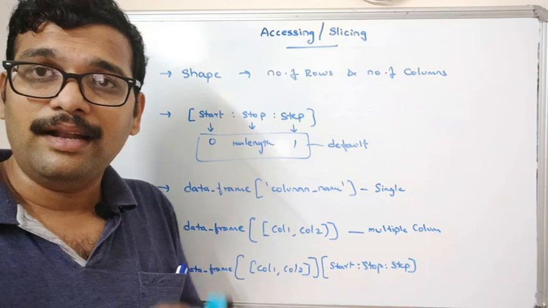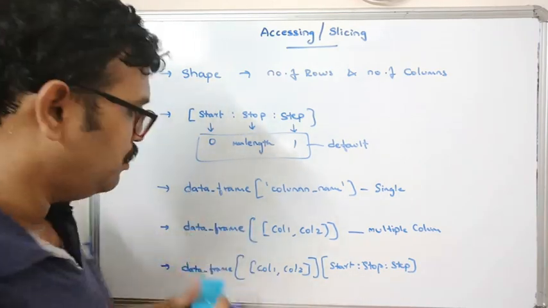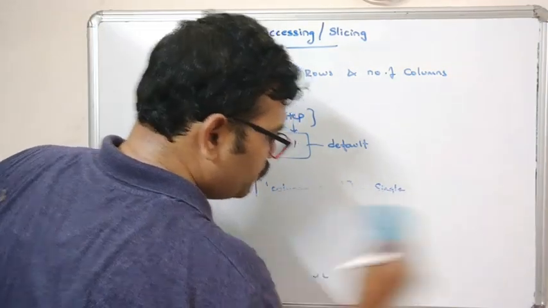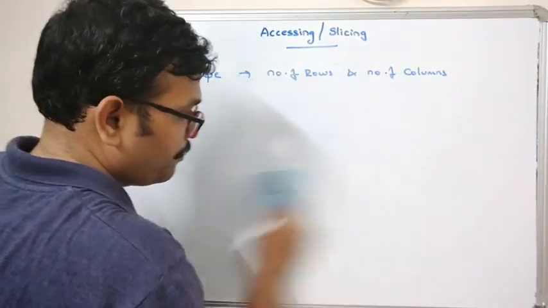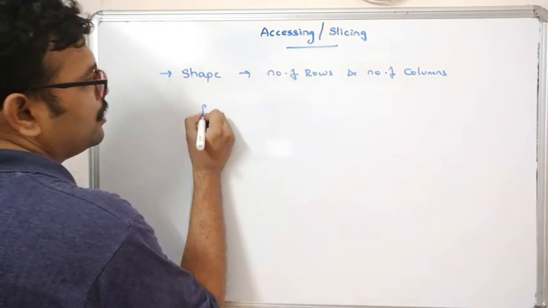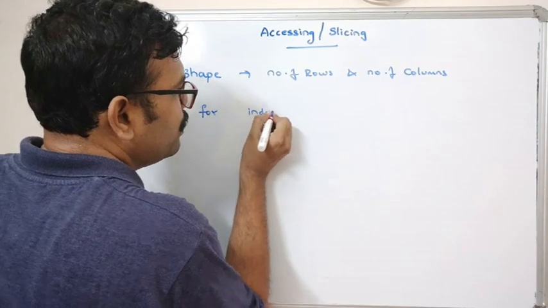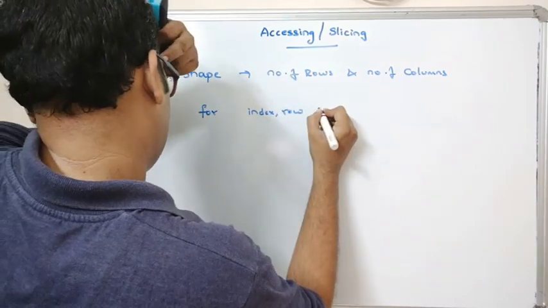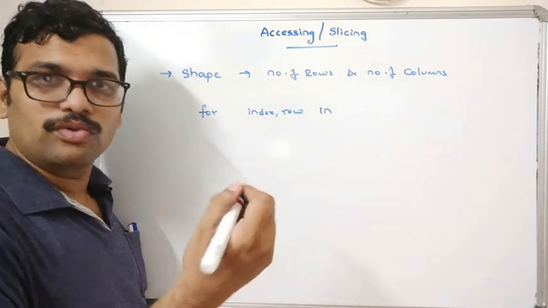And if you want to get the data in individual rows, so first row, second row, third row, then you need to use a for loop. So I will show you. For, give 2 variables, that is the index value and the row value. There is a function called iterrows.